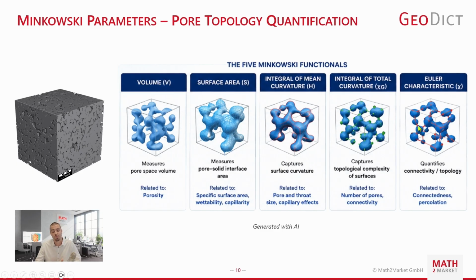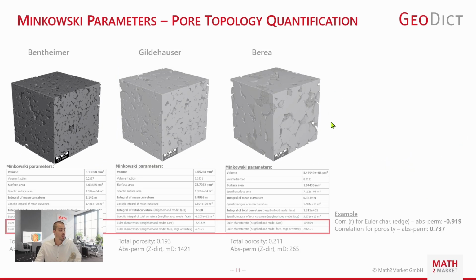It has been noted in many different publications in DRP that the Minkowski parameters are very good predictors for rock type based correlation, for example, between the pore space and pore geometry with, for example, absolute permeability.